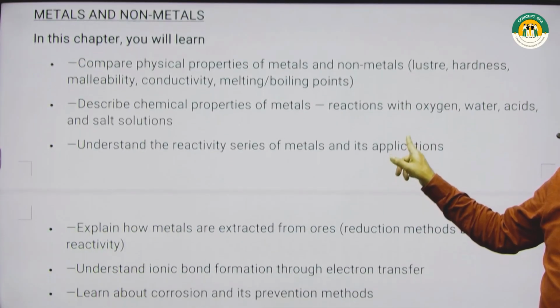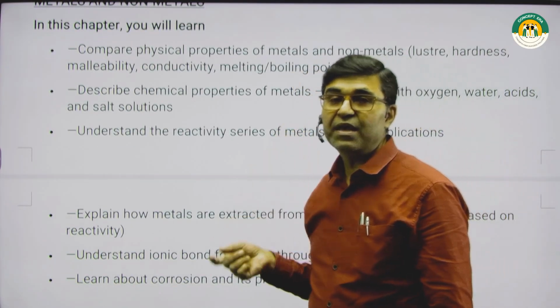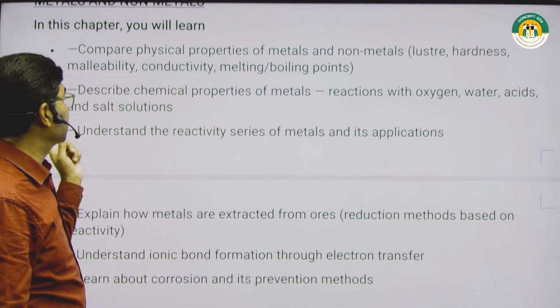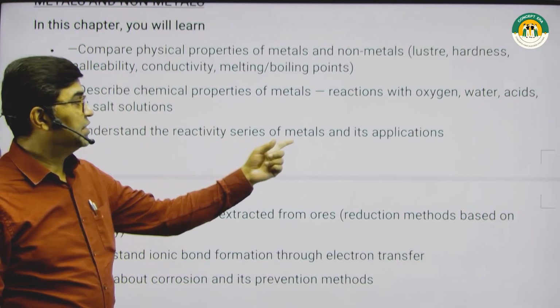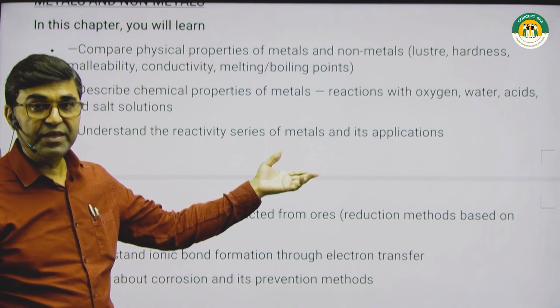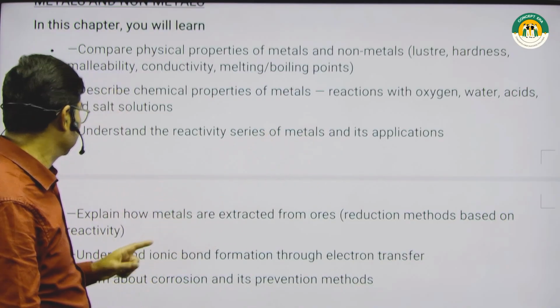Next, metals and non-metals. You must be able to compare and enumerate the physical and chemical properties of metals and non-metals, describe the chemical properties and reactivity series of metals, and apply it accordingly when you are asked questions about displacement reactions.